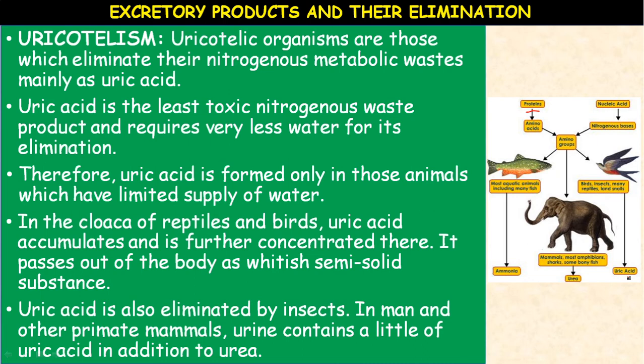The examples for ureotelism: adult amphibians, mammals. Whereas the examples for uricotelism: insects, birds, and reptiles. Okay.